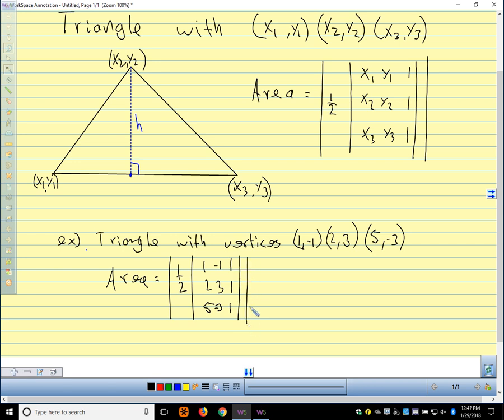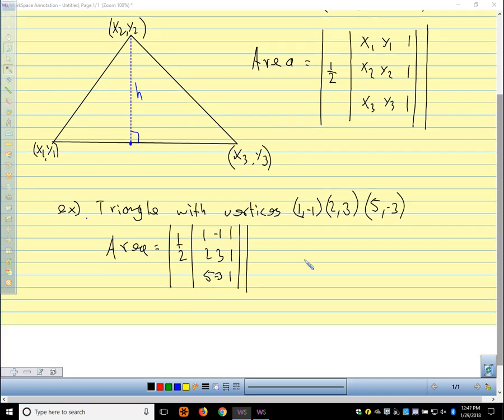And we take the absolute value to make sure our area comes out positive. This is a nice 3 by 3 matrix. We know how to do this by hand, or depending on if it's in the calculator portion of the test, you could do it in your calculator. If you calculate this out, you would get 9. 9 square units. So a nice easy way to calculate the area of a triangle if we know the vertices.